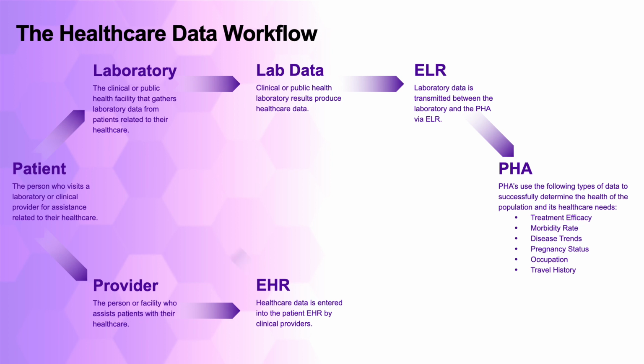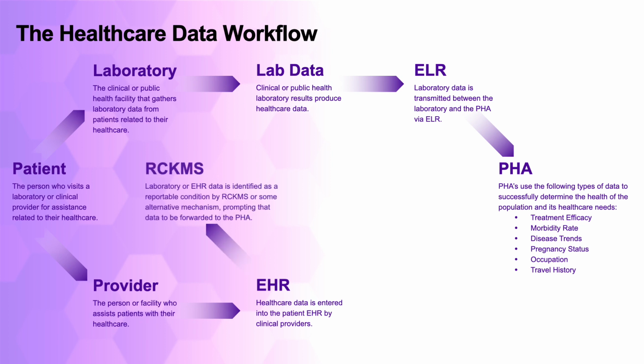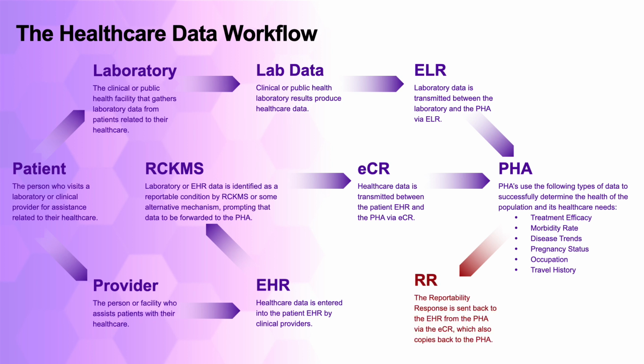EHR data is then evaluated to determine the presence of any reportable conditions by a resource like RCKMS. When one or more reportable conditions are found, an ECR transmits the relevant data between provider and PHA. In this healthcare data workflow, an RR is sent back to the EHR from the PHA, as data is exchanged via the ECR.